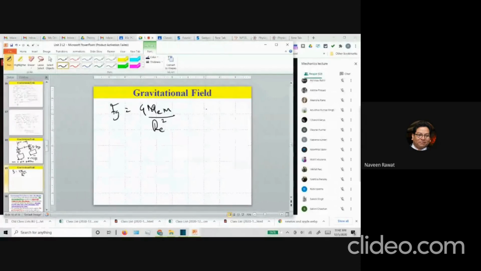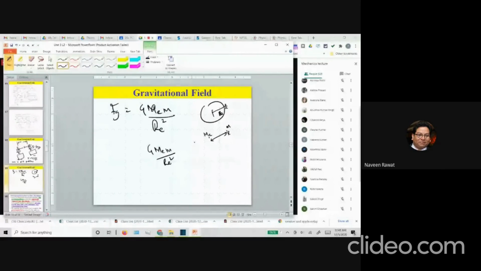The radius of the earth is measured from the center, so we are considering that the entire mass of the earth is at the center position. It is the same problem as a person standing at a distance r from a point mass, which I can call the mass of the earth, with the person as the mass m. I get the same value, G m_e m over r_e squared. The mass of the earth is all here, and m is all here, so there is no difference between this picture and this picture.